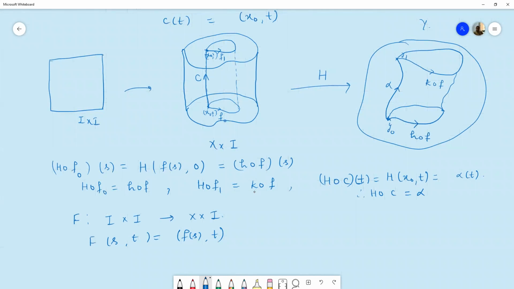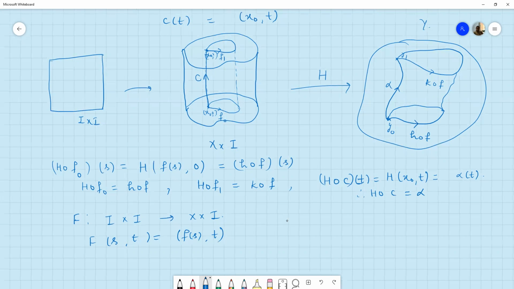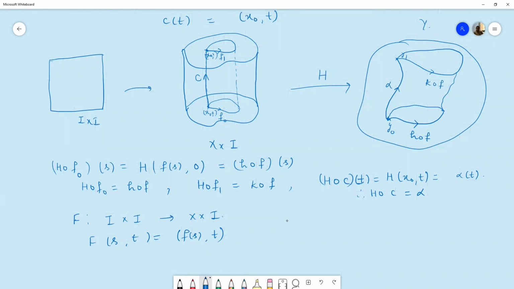So that will be basically mapping this whole area I cross I to X cross I, but actually this whole area is mapped to this cylinder whose base is f0 and top is f1. And we define the four edges of I cross I, let us say this is beta naught, this is beta 1, this is gamma naught, this is gamma 1.